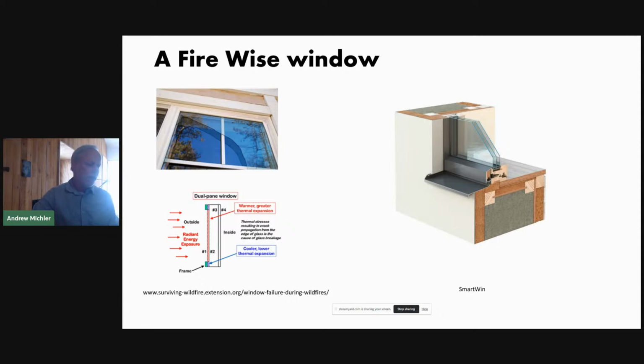We've seen a lot of buildings, even buildings made out of concrete form, stuff like that, burn in fires here in Colorado, in Larimer County, where I live, because often things like the windows failed and they crack because the outside radiant exposure actually expands the window and it breaks the glass. That can happen quite quickly, and it can be quite tragic.